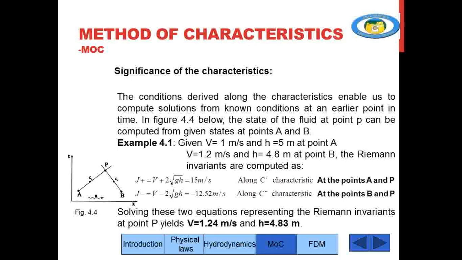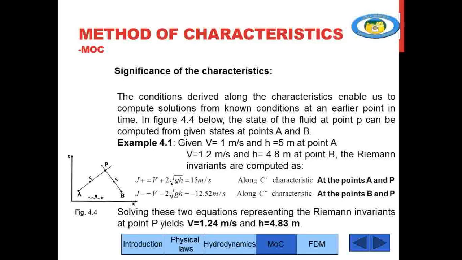Now, given the flow characteristics at point A, the velocity is 1 meter per second and the flow depth is 5 meters. And at point B, the velocity is 1.2 meters per second and the flow depth is 4.8 meters.